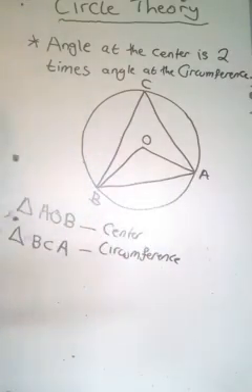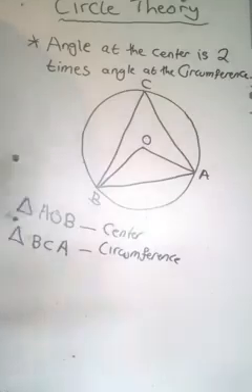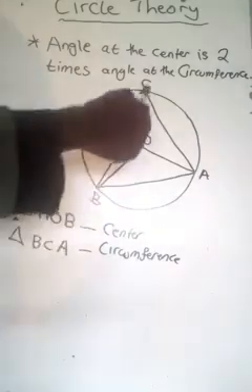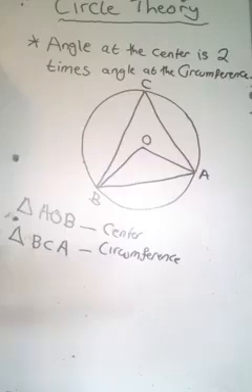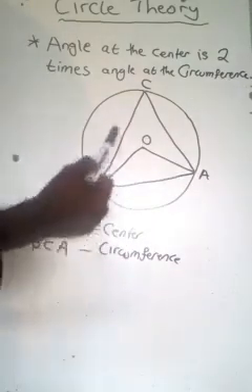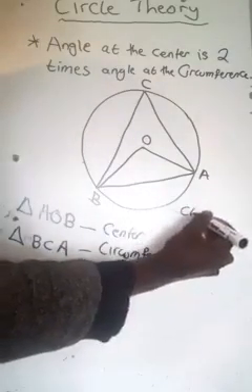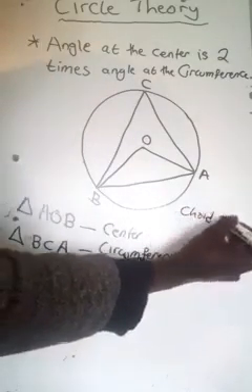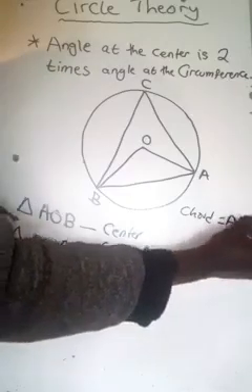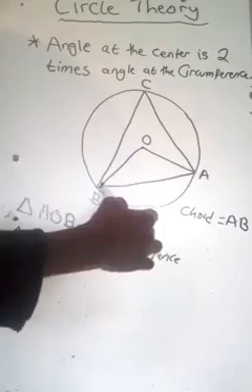Now, according to this theorem, when you have two triangles sharing the same chord, in which one triangle ends at the center and the other triangle ends at the circumference, then the angle formed by the triangle ending at the center is 2 times the angle formed by the triangle ending at the circumference. In our case, we have these two triangles sharing the same chord, chord AB.